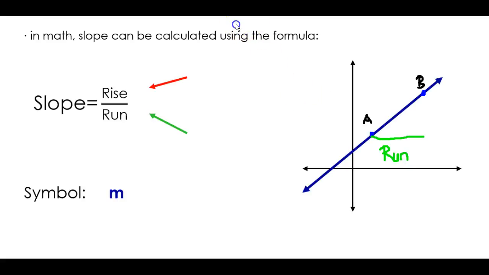And I'm going to have to compare that to something we call the rise. So in other words, how far I had to rise vertically to get from point A to point B.